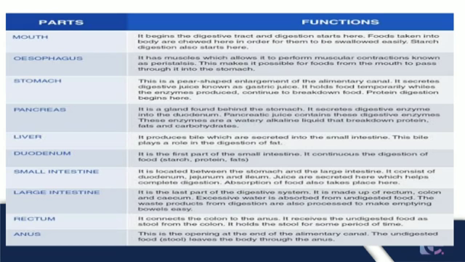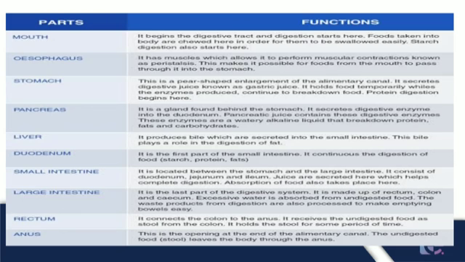The stomach is a pear-shaped organ which secretes digestive juices and partially digests the food. It holds the food temporarily while other enzymes are produced and further breakdown takes place.